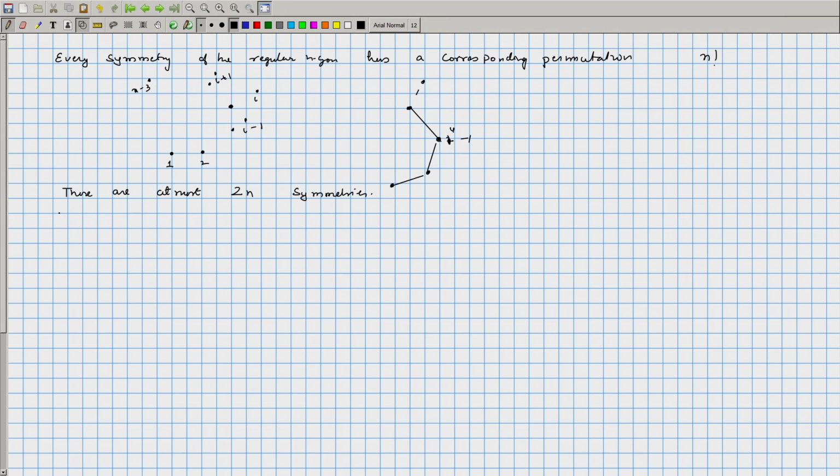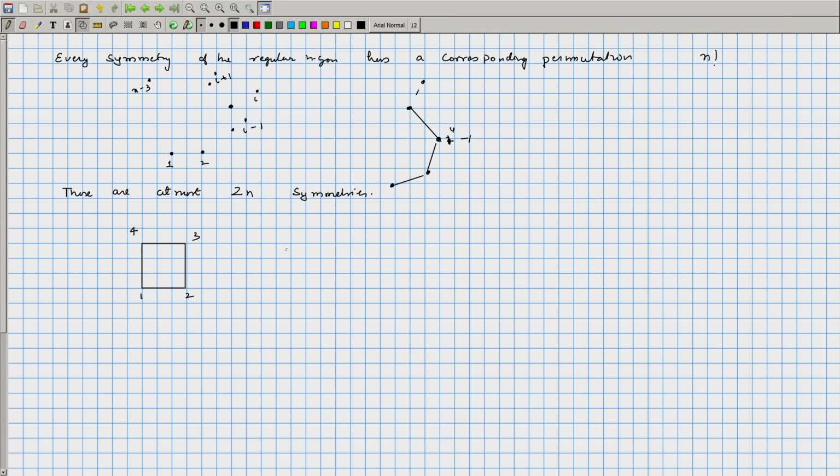Okay. So, the 2n symmetries, if you want to visualize them, are going to be slightly different for the n equals even case and the n equals odd case. Okay, if you look at the square, 4-sided, you can rotate by 90 degrees, 1 will go to 2, that is going to be 90, and 180 means 1 will go to 3, and 3 will go to 1, 2 will go to 4, and so on.